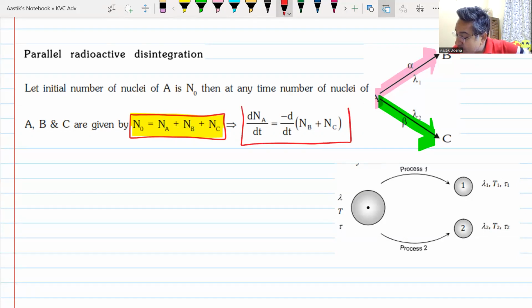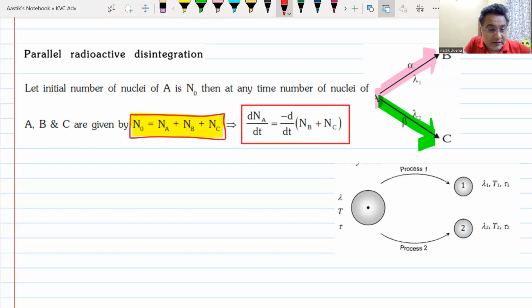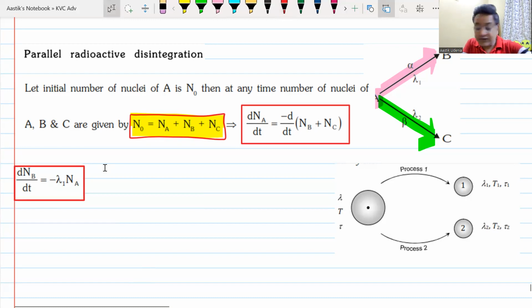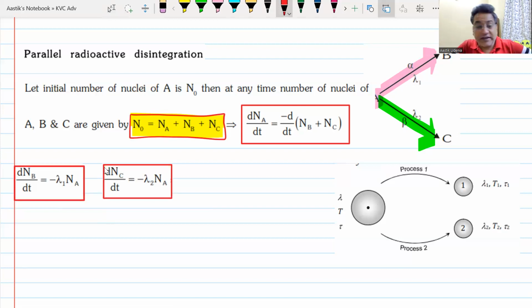So the rate of decay of A will be equal to minus of the rate of formation of B and C. Now remember, the rate of formation of B will be lambda 1 times the number of nuclei of A. Similarly, the rate of formation of C would be lambda 2 times Na. I hope you are understanding this.